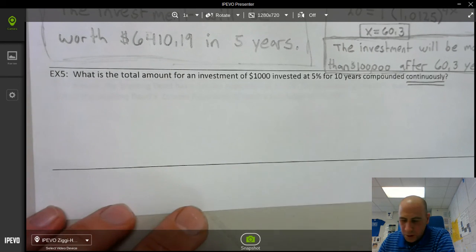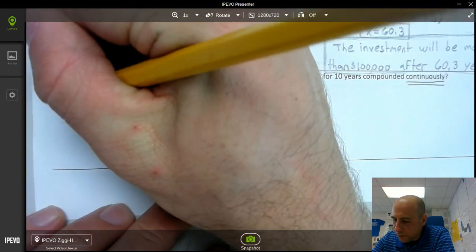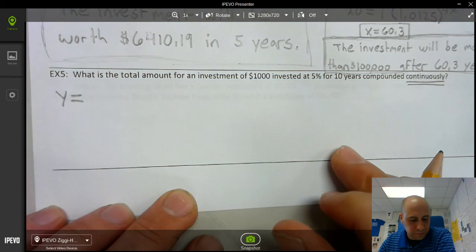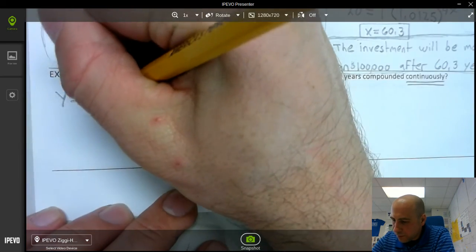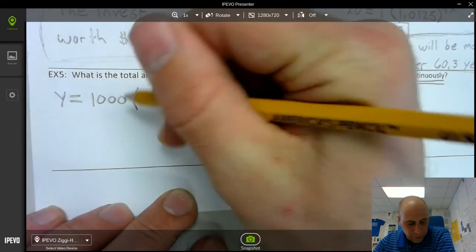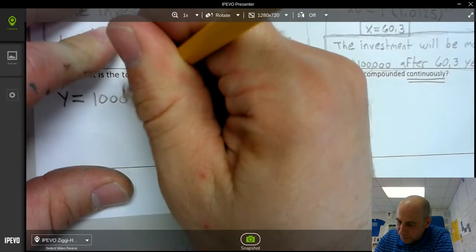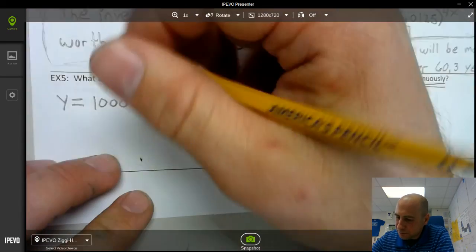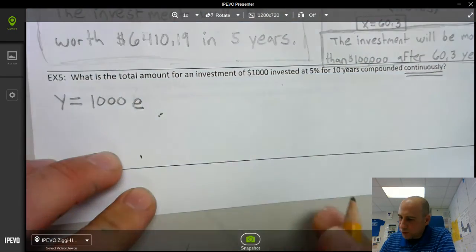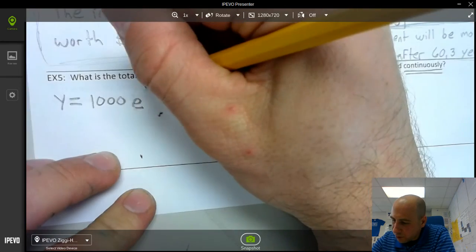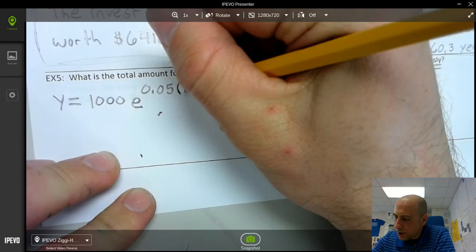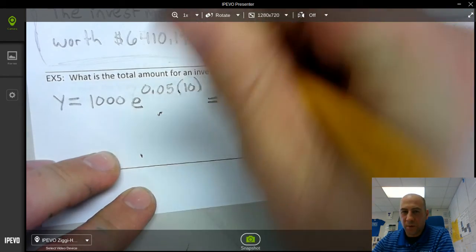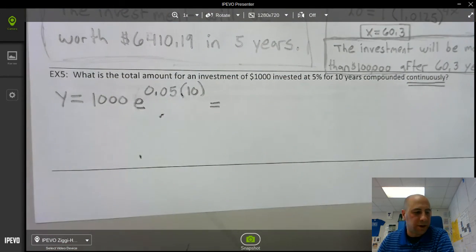We don't know the final amount, so that's y equals the a value, which is 1,000, parentheses, not parentheses, e raised to the rate 5%, which is 0.05, times the years, which is 10. Okay, so go ahead and pause a minute to write that down.